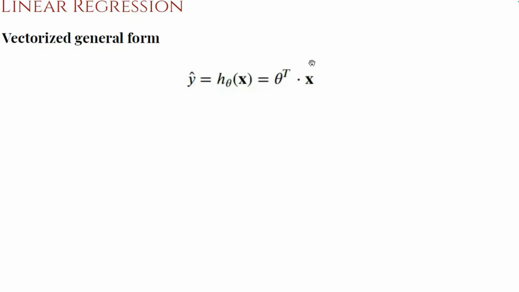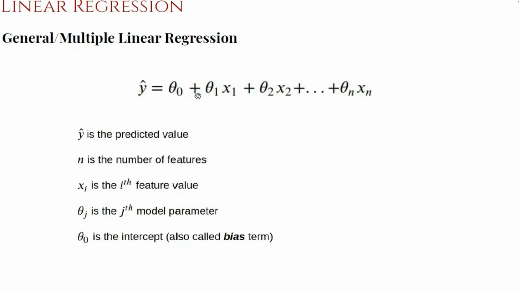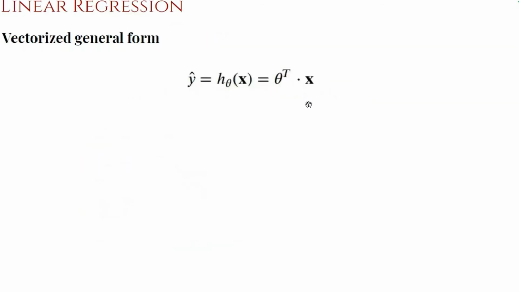If you are not familiar with that operation, I will also quickly tell you how theta transpose x is equivalent to theta 0 plus theta 1 x1, theta 2 x2, and so forth. So these two are equivalent.